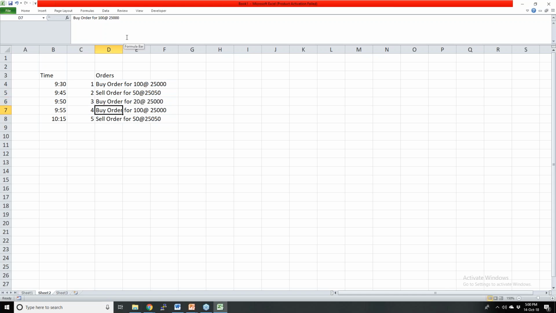So say 20, and then say 200 at 25,010, and then a sell order for 10 at 25,025. So if this is the case, then how will my order book look like at each of these times, right?